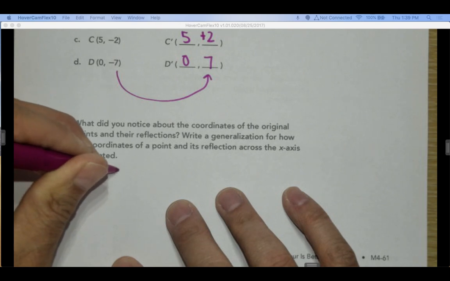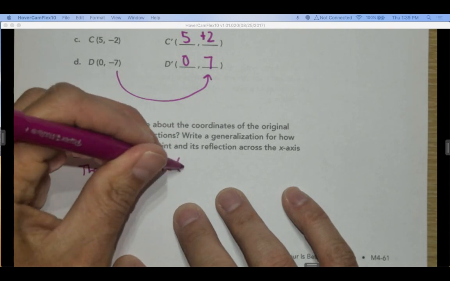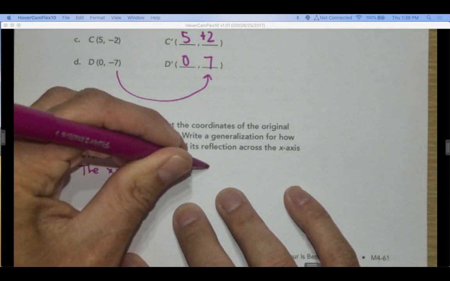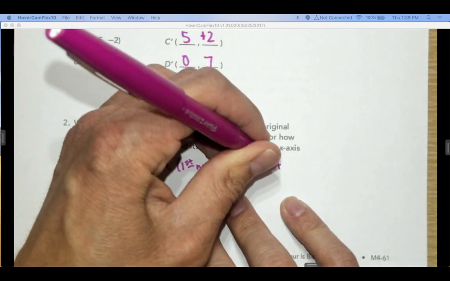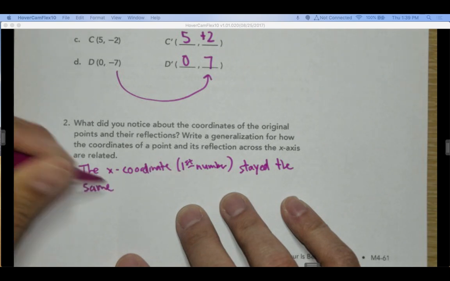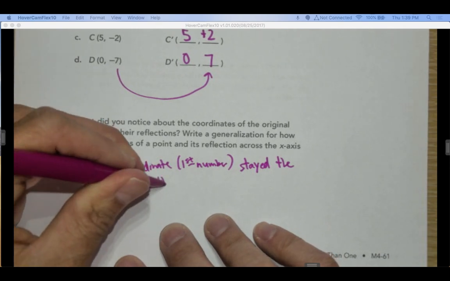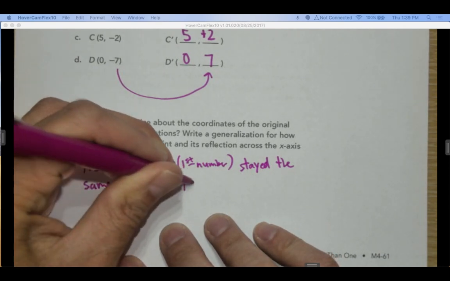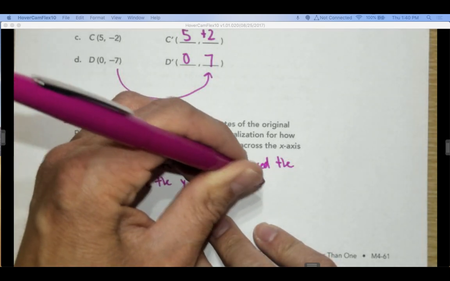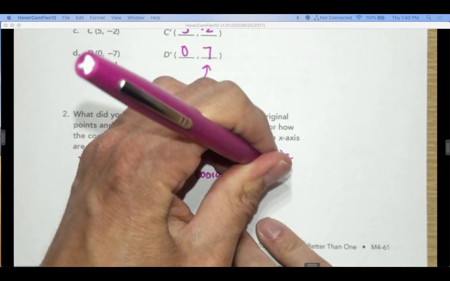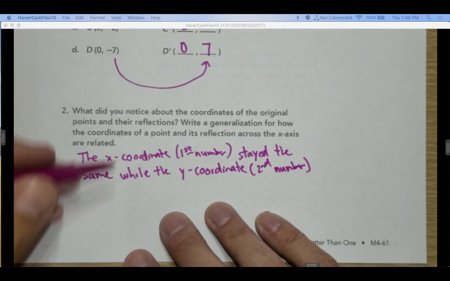The x-coordinate, the first number, stayed the same, while the y-coordinate, the second number, changed its sign.